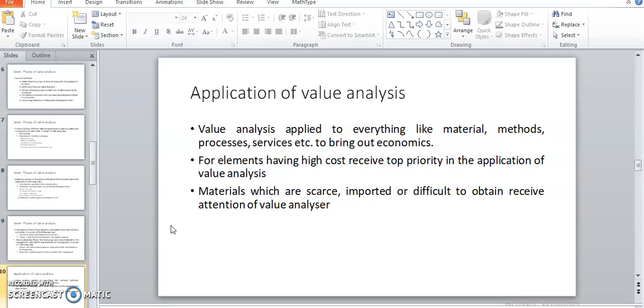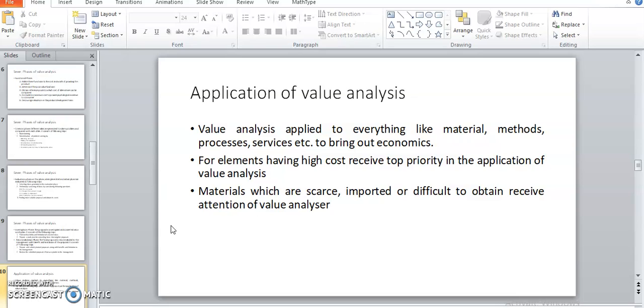Next, we can apply this to high cost applications or high cost functions. We can reduce high cost values or high cost functions which consume more value annually.